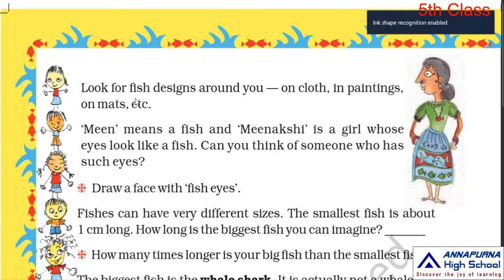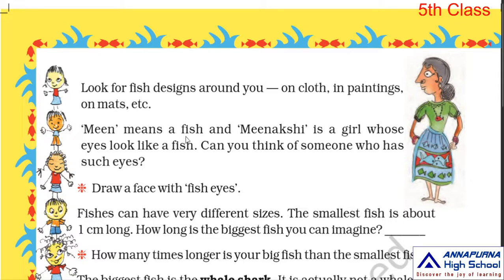Now, look for fish designs around you, on cloth, in paintings, on mats, that is on door mats. So we can observe the fish designs. Meen means a fish.